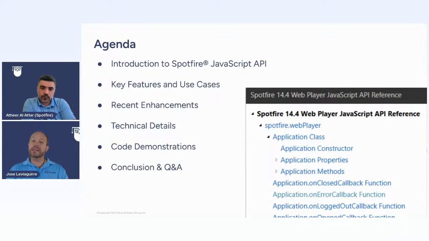Whether you're building internal tools or customer-facing applications, the JavaScript API gives you the flexibility to create seamless, integrated analytic experiences. As we proceed with the presentation, feel free to ask questions about any specific integration scenario you are interested in, and I'll try to answer at the end of the presentation.